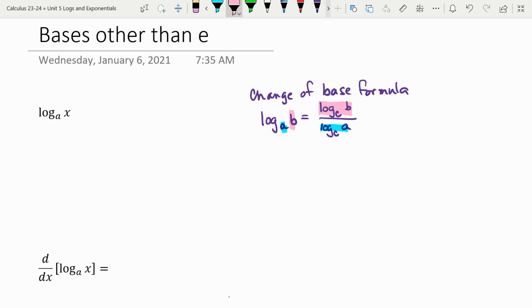Which is wonderful, that we can have that change of base with any base, but we still have an issue if we don't choose wisely.